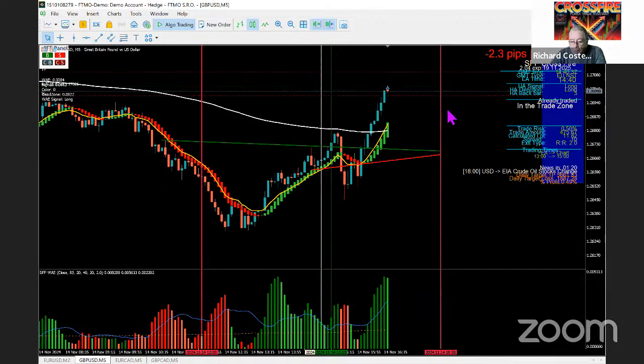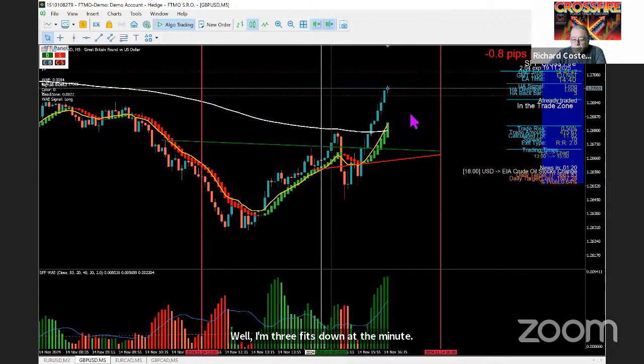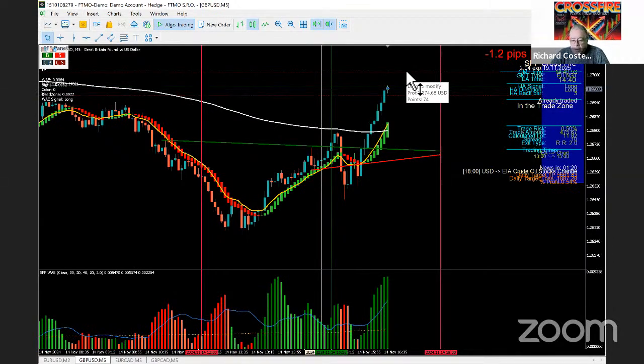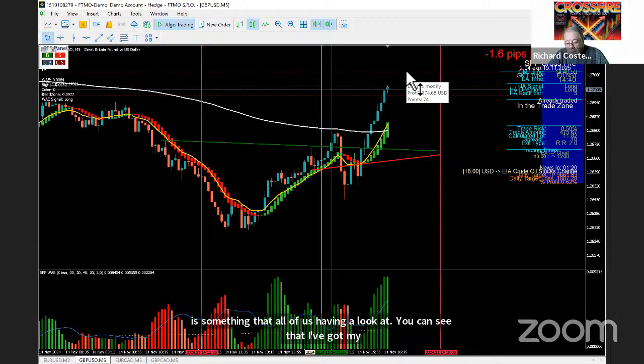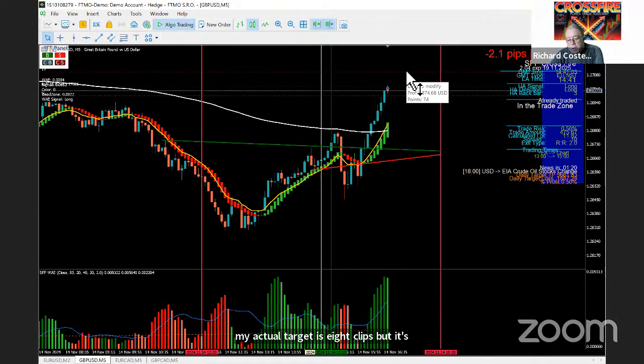Okay, so I'm 3 pips down at the minute. This is something that Oliver's having a look at. You can see that my actual target is 8 pips, but it's going to take me out at 7.4 pips.